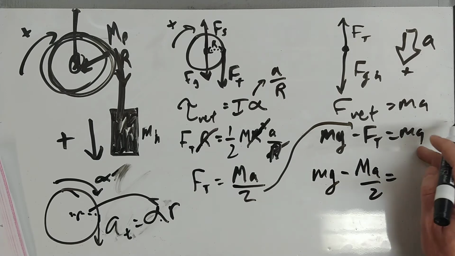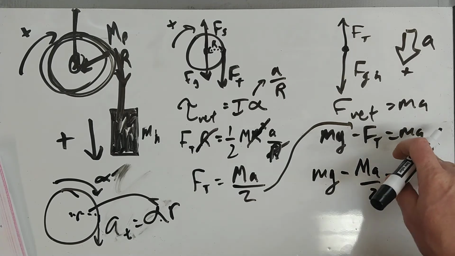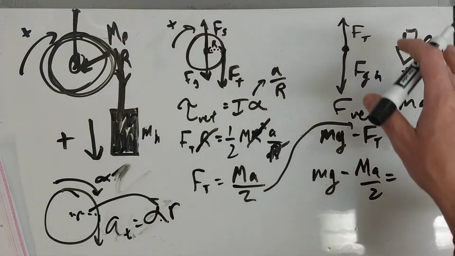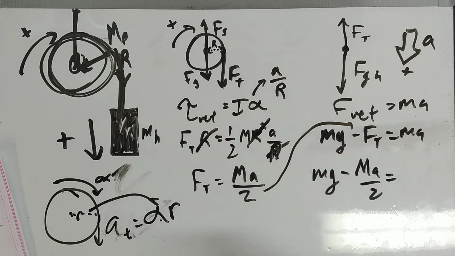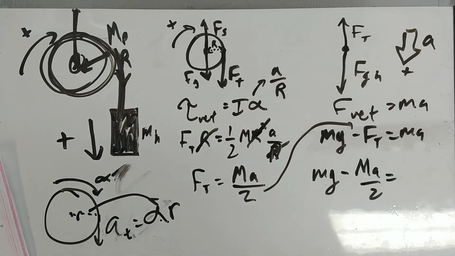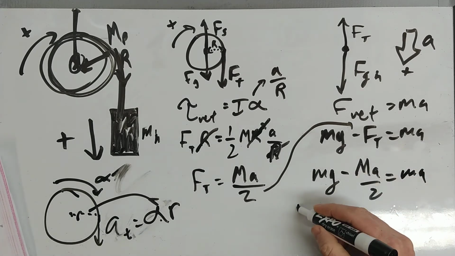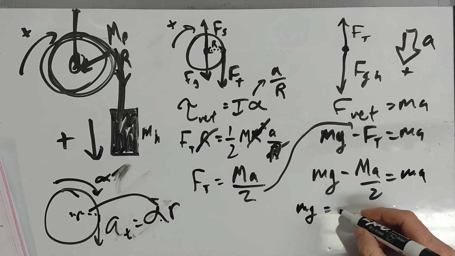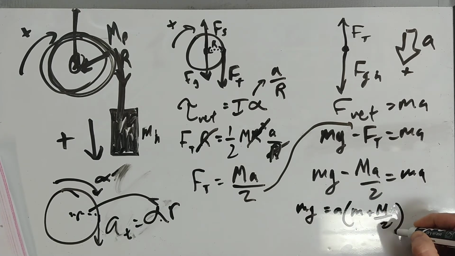This is just algebra at this point, guys. You've done the physics, making your force diagrams and setting up your Newton's second law equations. From this point forward, it's simply algebra. All right, so I'm trying to get the acceleration of the system here. This is ma. I have to solve for A, so mg equals A times little m plus big M over 2.